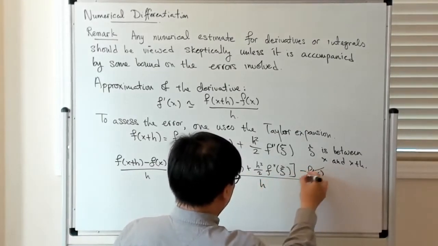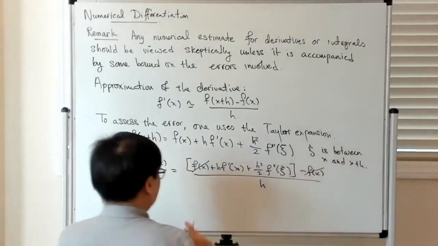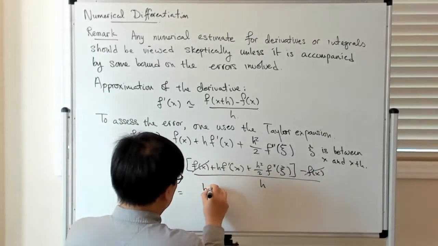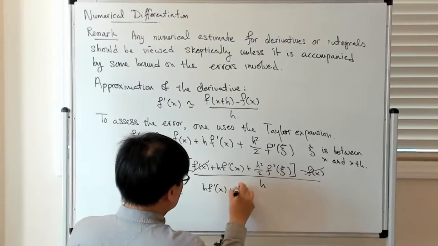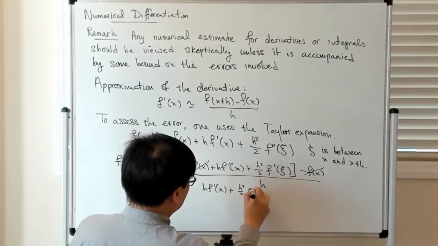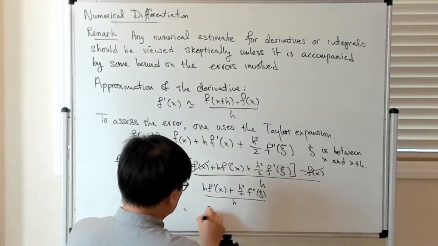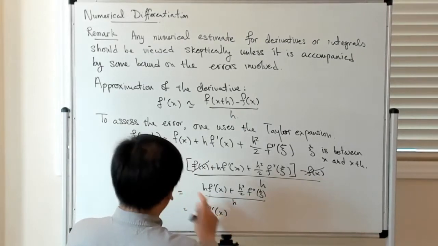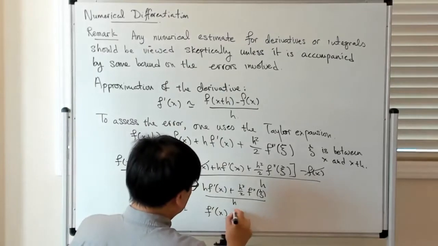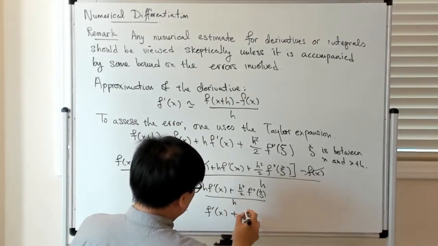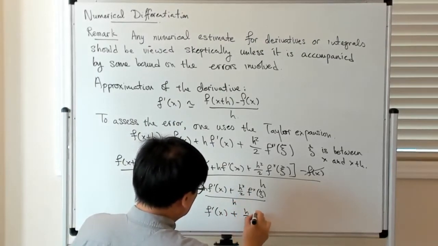Okay, so f of x cancels out. You're left with h f prime of x plus h squared over 2 f double prime of c divided by h. This is, of course, just f prime of x, which is the thing you're trying to approximate, plus a remainder term, or an error term, which is h over 2 f double prime at c.